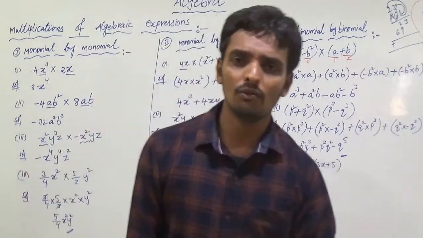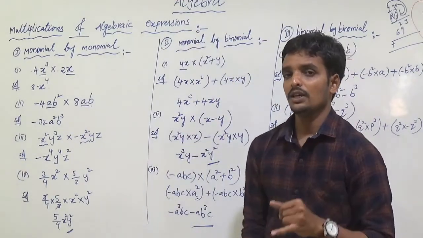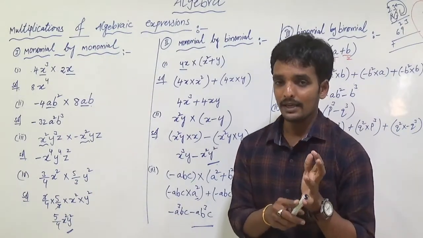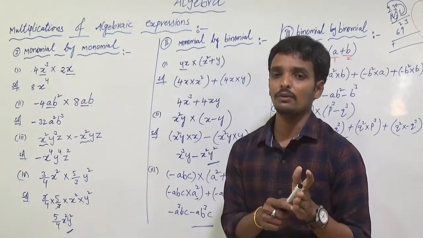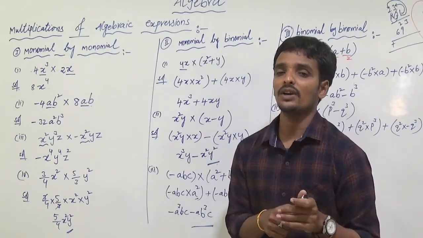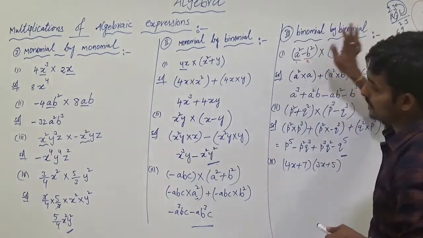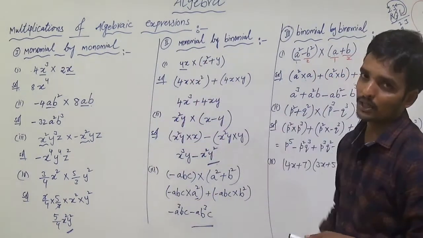Wherever and whatever the method and the problems, we have to observe one thing: the rules are important. The first rule is we multiply symbol into symbol, number into number, the same variables, and the last thing is different variables. If you know the multiplication of numbers, we can easily do the multiplication of algebraic expressions.